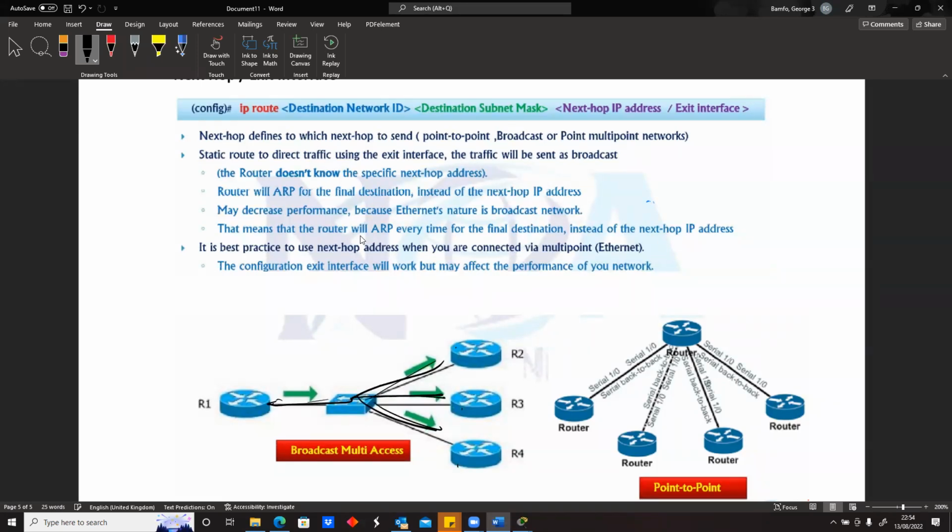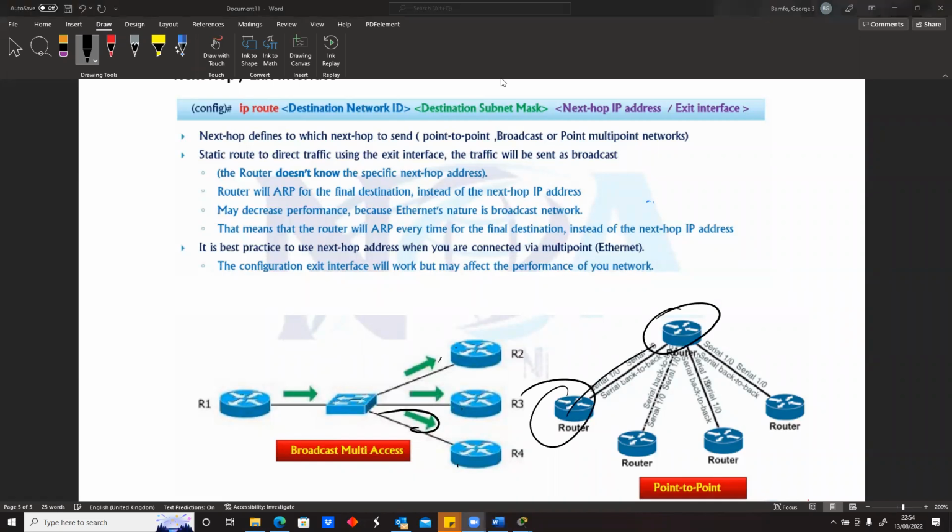That is a lot of pressure on the link. So if you have a network like this, you have to put the next hop IP address so that it will eliminate this whole broadcast issue. But if you have a point-to-point link, like a router which is directly connected to another router, you would want to use the exit interface. So you could use the exit interface, which is fine because it's just point-to-point.